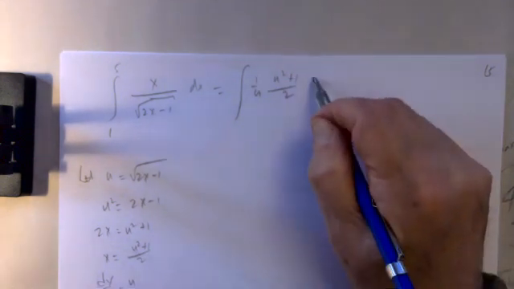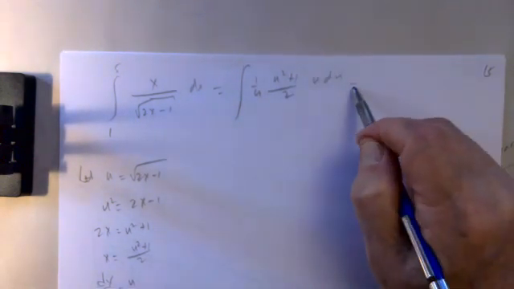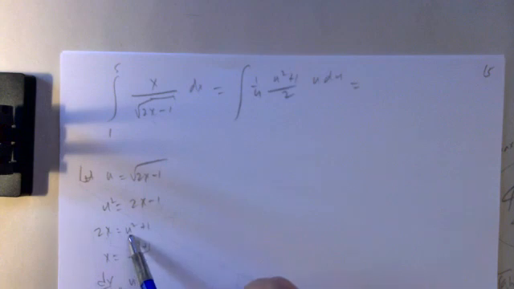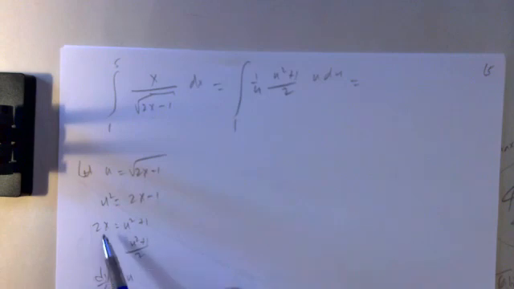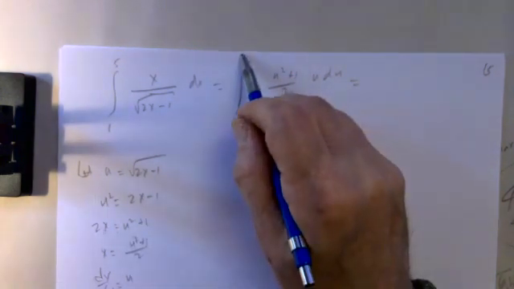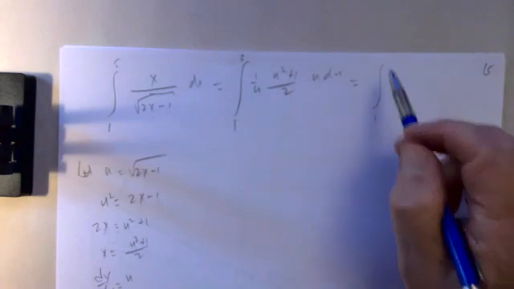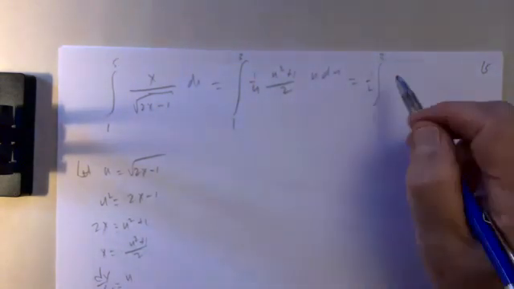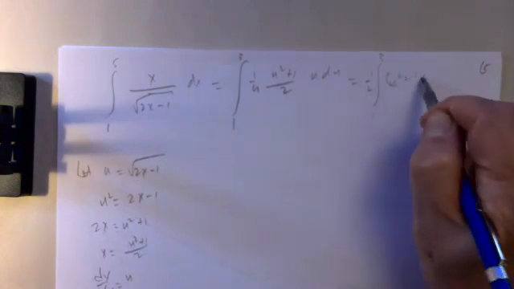And dx is u du. And when x is 1, u is 1. And when x is 5, this is 10; 10 minus 1 is 9. u squared is 9, u is 3. This is the integral from 1 to 3. These u's cancel. 1/2 (u squared plus 1) du.